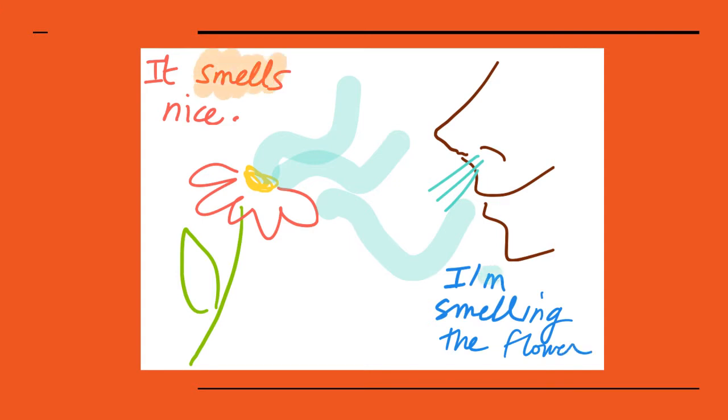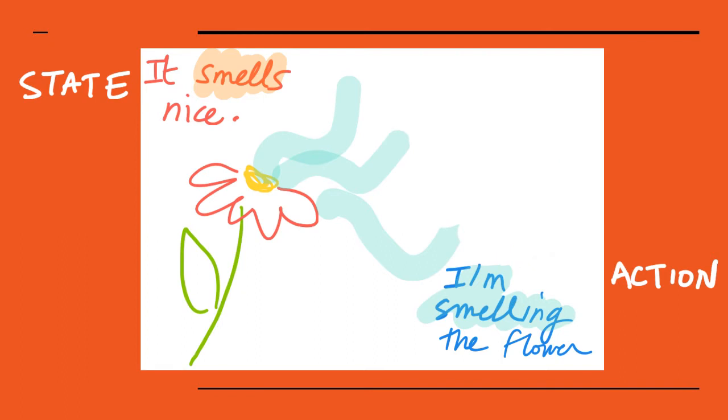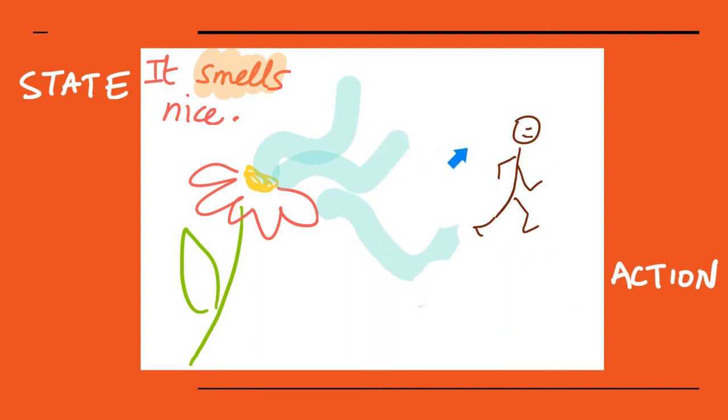Well, this one is a state. The flower has no control. It has no power to stop smelling nice. This is an action. As soon as the person is ready to stop, they can choose to leave, and they have control. That is the difference between a state and an action.